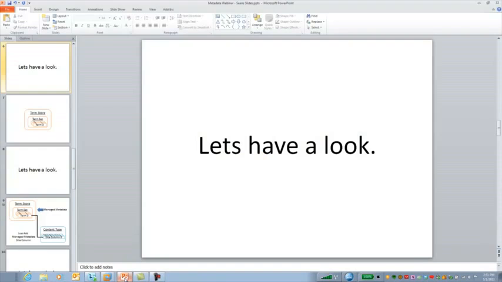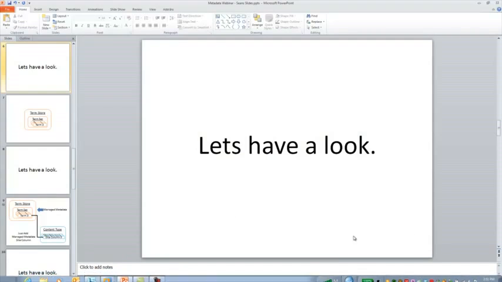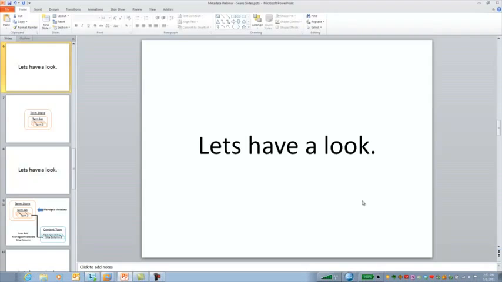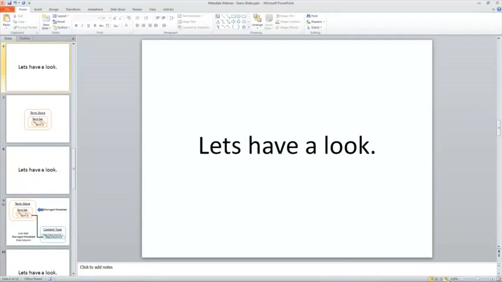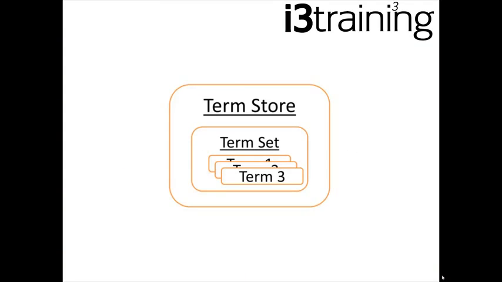So let's hop back over and move along. The next topic, term store. This is completely new for SharePoint 2010. A term store is a container of term sets. Term sets are containers for terms. So a term could just be a tag.